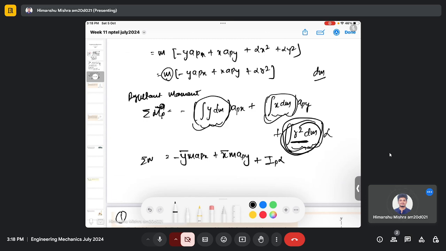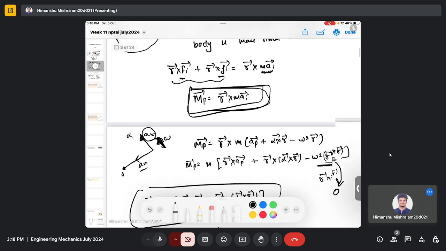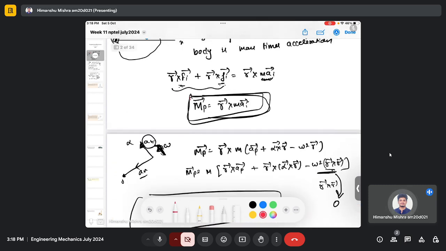So this is the summation of moments at point P in the scalar form. Basically we are using this expression to define the moment in curvilinear as well as in Cartesian coordinates. In curvilinear, you will have two components of acceleration along the tangential and normal directions, but in Cartesian it will be along the x and y directions.